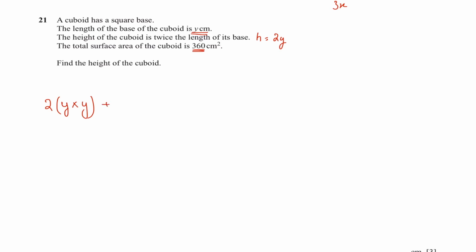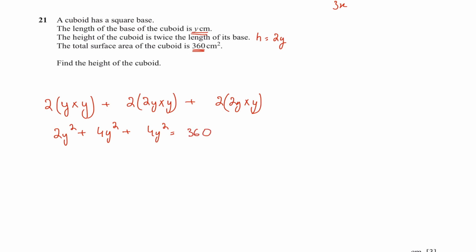And then we have twice the height times the width, so that is going to be 2y times y, and then we will have twice the height times the length, which is also going to be equal to 2y times y. So 2y square plus 4y square plus 4y square is equal to 360 according to the question.